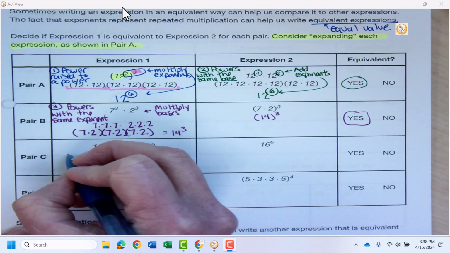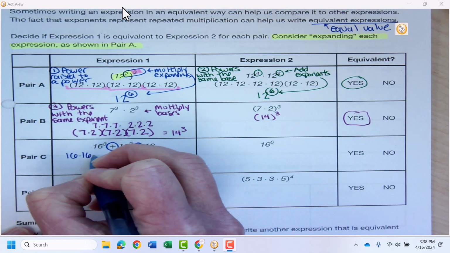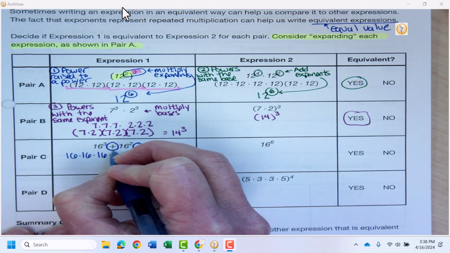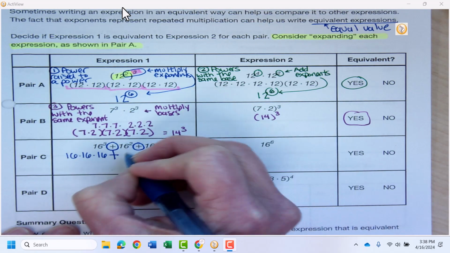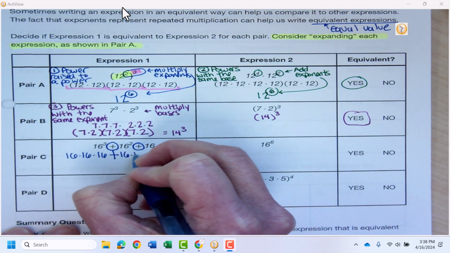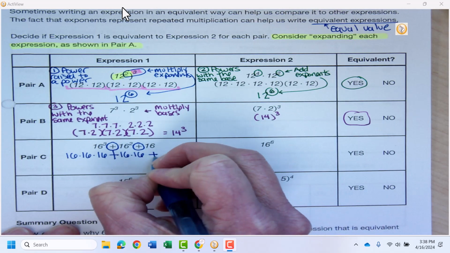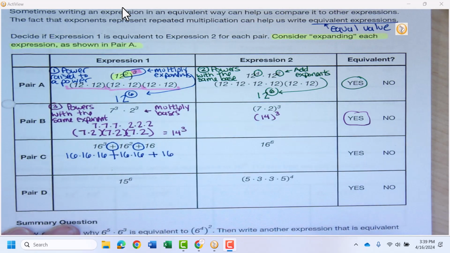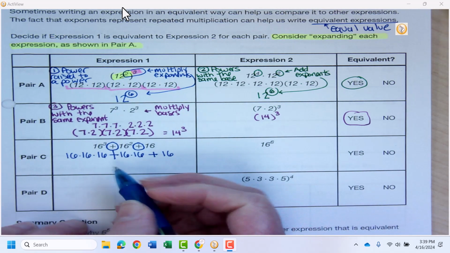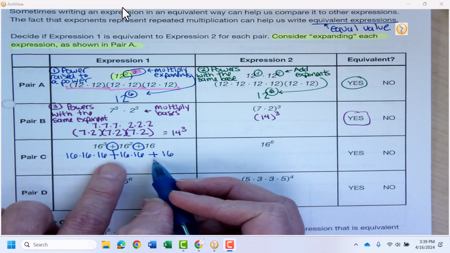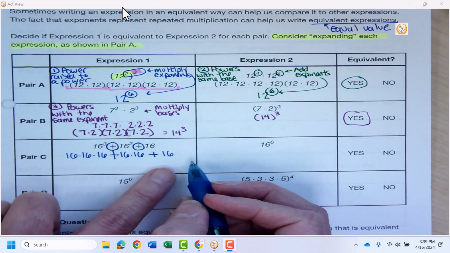So this ends up being 16 times 16 times 16, but it's plus 16 to the second power plus 16 at the end there.